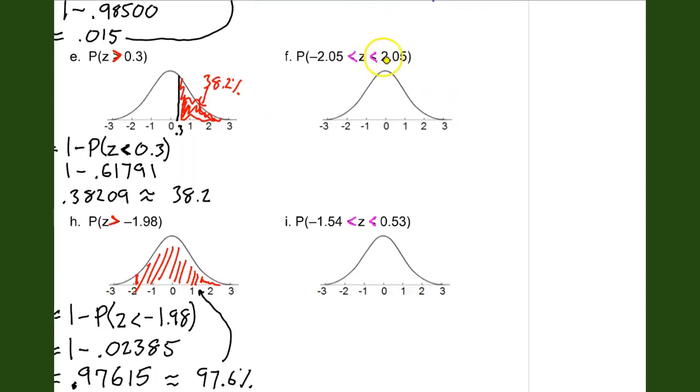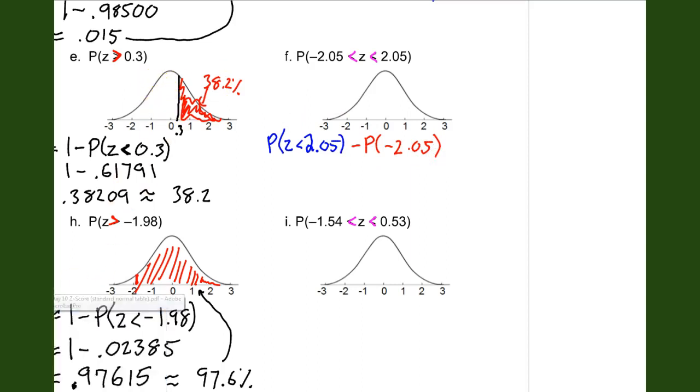All right, so like here you can see 2.05 is bigger than the negative 2.05. So we're going to find the p-value of the positive here, and then subtract the negative. We got to look up the same number, one positive, one negative here.